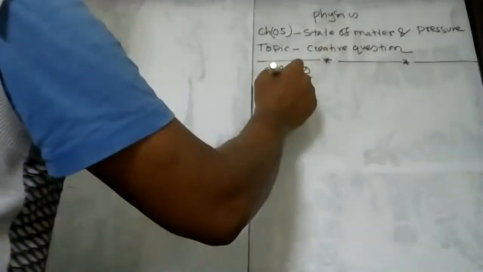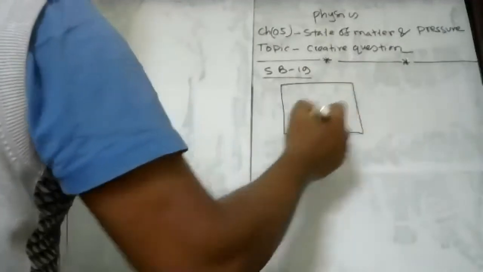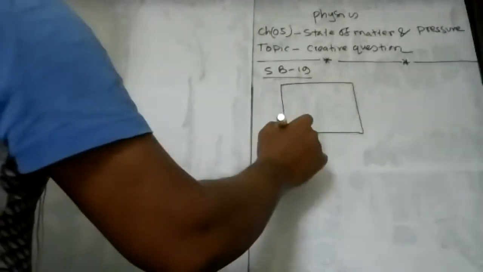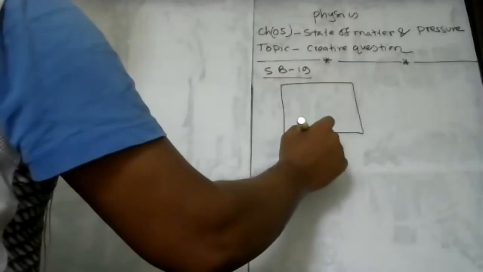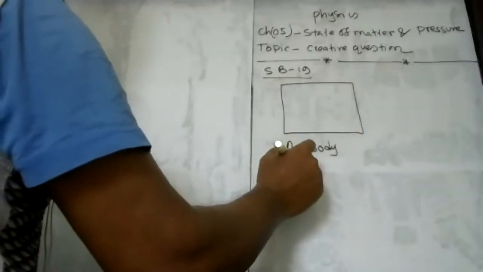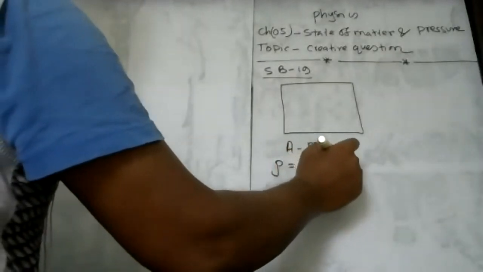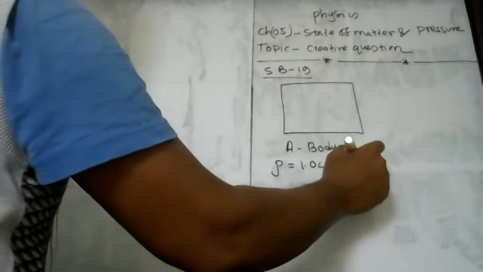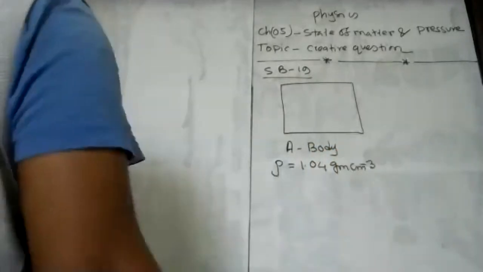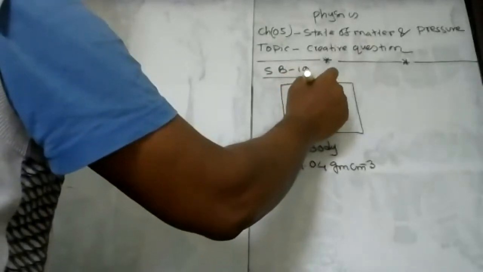There's a rectangular shaped body, my dear student. This body is named A. Having density rho equal to 1.04 gram per centimeter cube. Mass of the body is 500 gram.